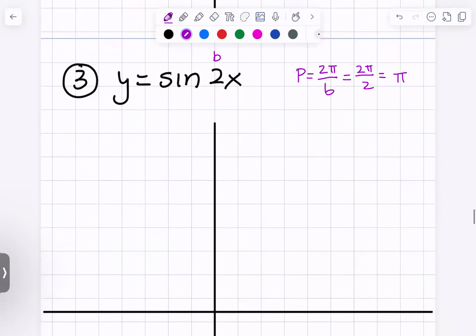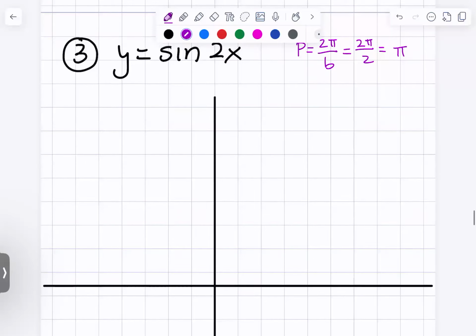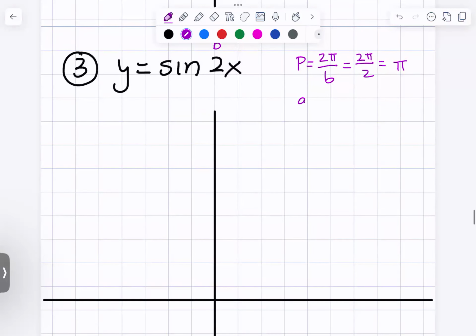So that means that after I graph one period of sine, it's going to be pi units long. Okay. My amplitude is still the same at 1, right? Because there's an imaginary 1 here. All right.